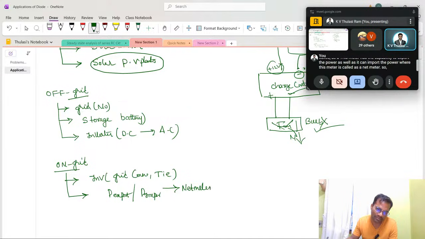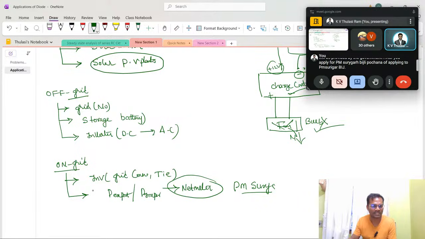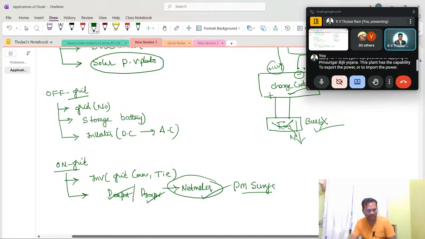This meter will be provided by the government after you apply for PM Surya Ghar Muft Bijli Yojana. After applying, the plant can export or import power, which is done by the net meter.